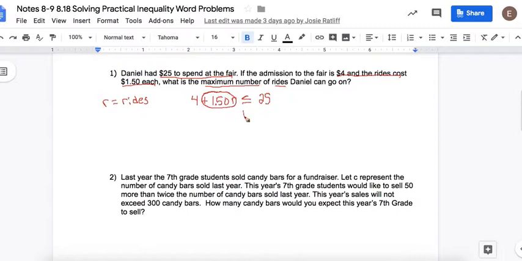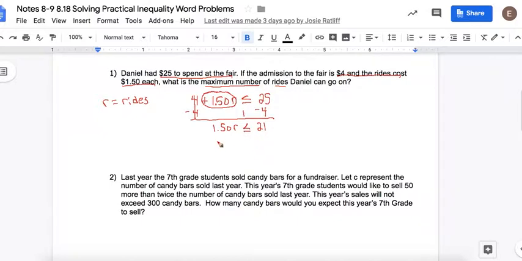So circle your variable and draw your t. If we want to get rid of positive 4, we have to subtract 4 from both sides. 4 minus 4 is 0. Cross it out. Bring down the $1.50 R. Bring down your inequality symbol. And 25 minus 4 is 21.